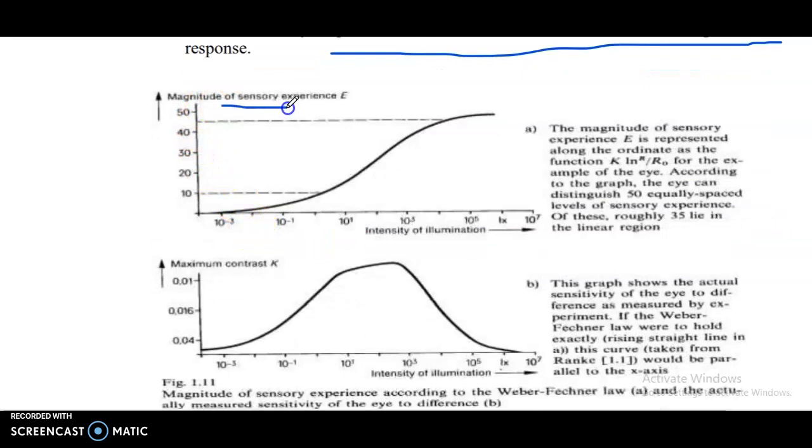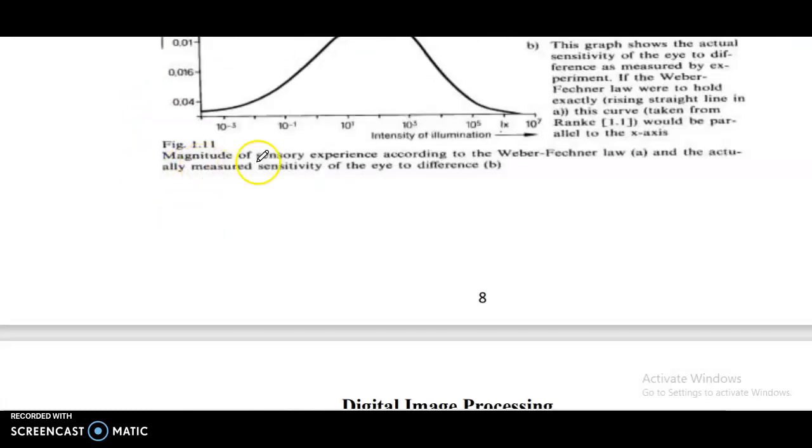In this figure, the y-axis is the magnitude of sensory experience according to the Weber-Fechner law, and figure A shows the actually measured sensitivity of the eye to differences.